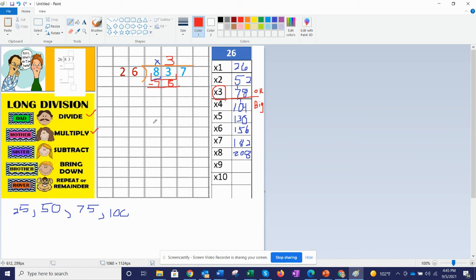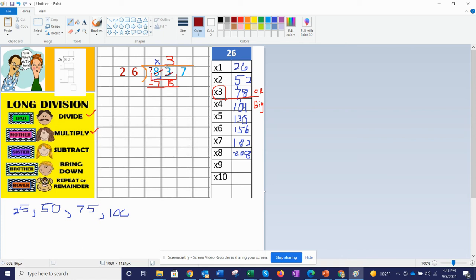Right? Oh, but this is subtracting with borrowing, isn't it? Because I got 3. Can I take 8 away from 3? If I have 3 fingers up, can I take 8 away? No, right? So I got to take 1 from the 8. That makes the 8 a 7. And when I change it over a place value, now it's instead of 1, it's 10.